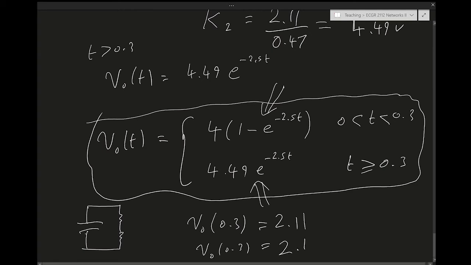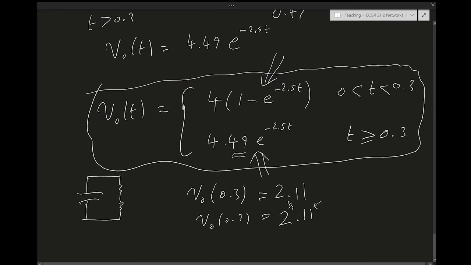I get 2.12. So the only reason there's a difference is because I approximated this constant here. This was like 4.8 something, 9.7, whatever, right? But the equation is continuous. Okay, so those are approximately equal if I ignore the rounding. Okay, yeah, so this ends this example.